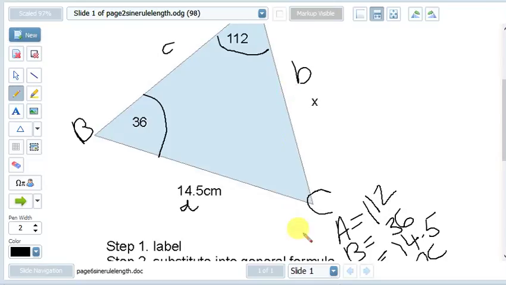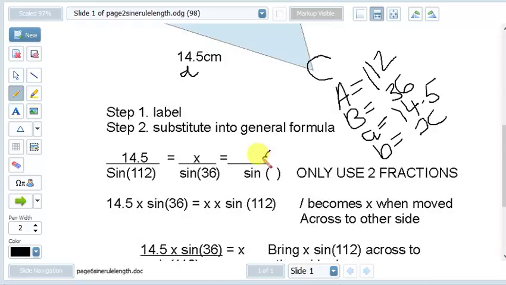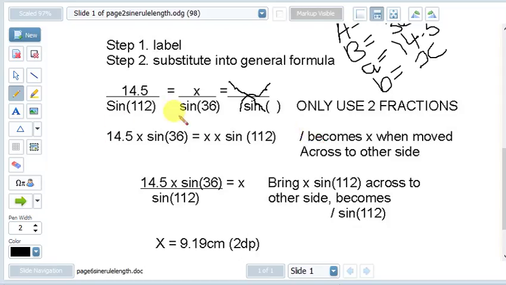Now with the c's, we don't know the angle here, and we don't know the length here, and we're not trying to work out either of those two at the moment. So we just ignore that third fraction. In the sine rule we only use two fractions. Okay, so now we look at this fraction here, and we've got one fraction equals another fraction.